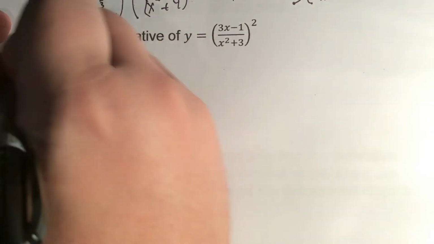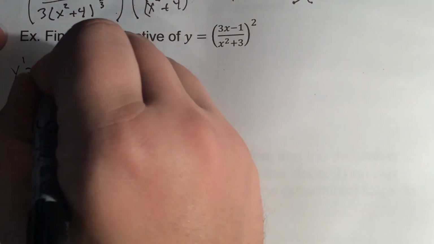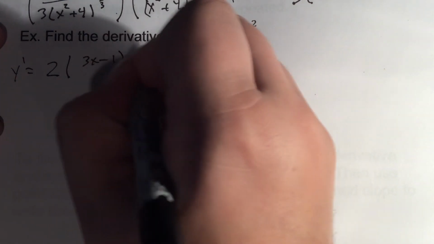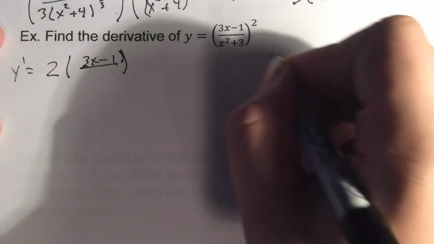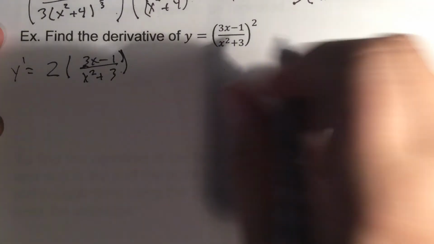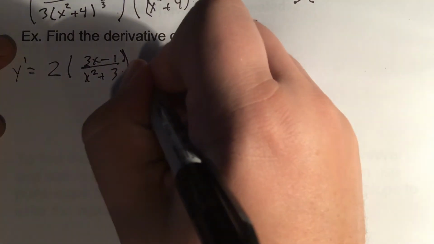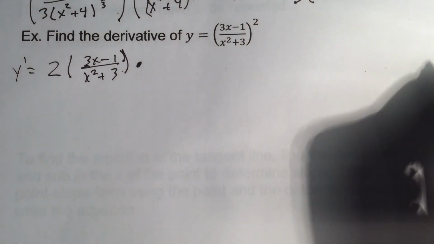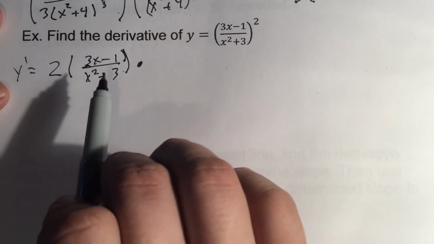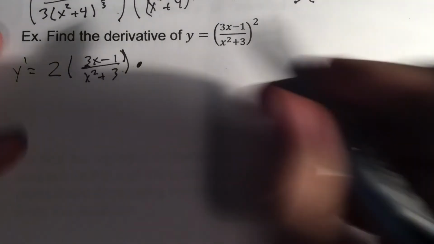So derivative of y, so y prime. We do power rule at the outside, so it becomes 2 parentheses 3x minus 1 over x squared plus 3. The 2 would become a 1, so this is all it has. So now we would times on the back side, so this is doing the chain rule part, derivative of the inside. Now when we do the derivative of the inside, we're going to have to do the quotient rule with it.